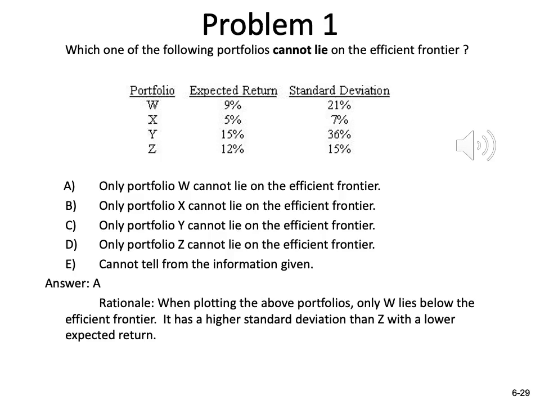But at the same time, portfolio Z has a lower risk, lower standard deviation, 15% versus 21%, which means we can say portfolio Z dominates portfolio W, or portfolio Z is strictly better than portfolio W. So portfolio W cannot be on the efficient frontier.